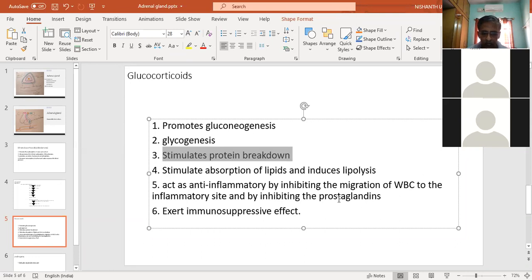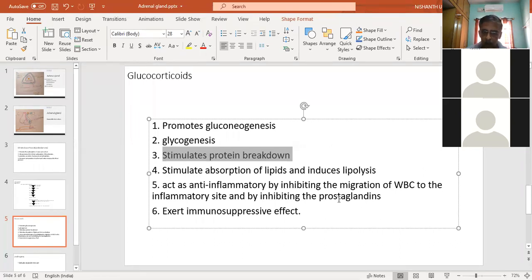And to repair that injury, WBC will come to that particular area, the site of injury, and start to promote healing. What the glucocorticoids will do is not allow the WBC to reach the site of injury, and not allow the production of prostaglandin. Prostaglandin produces pain, and WBC will promote the repair.